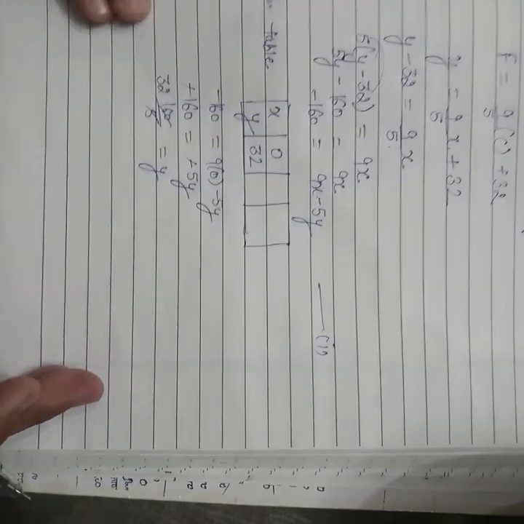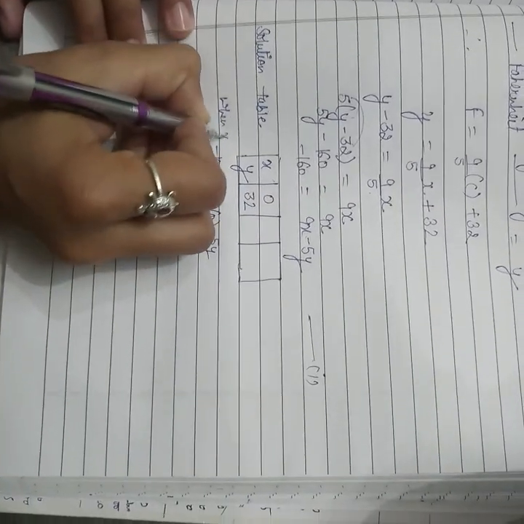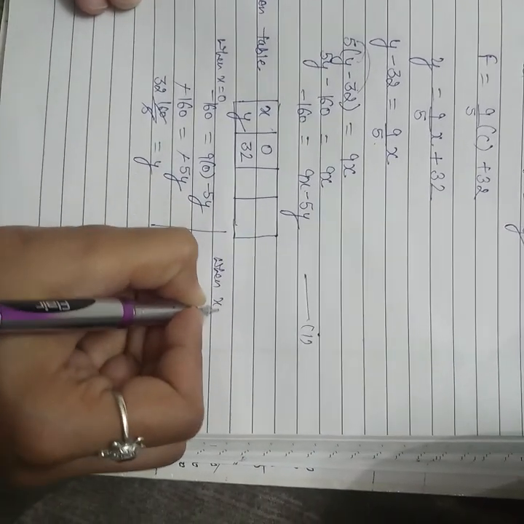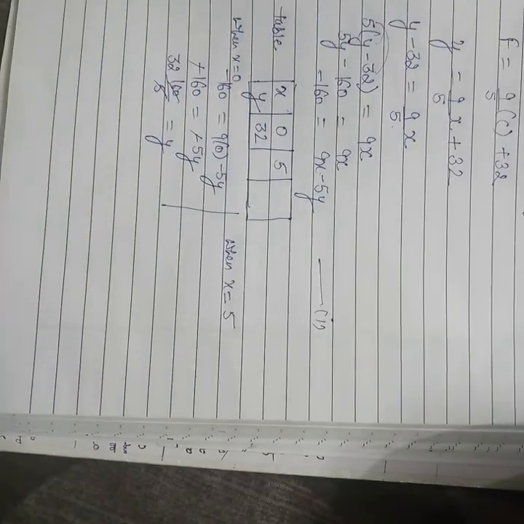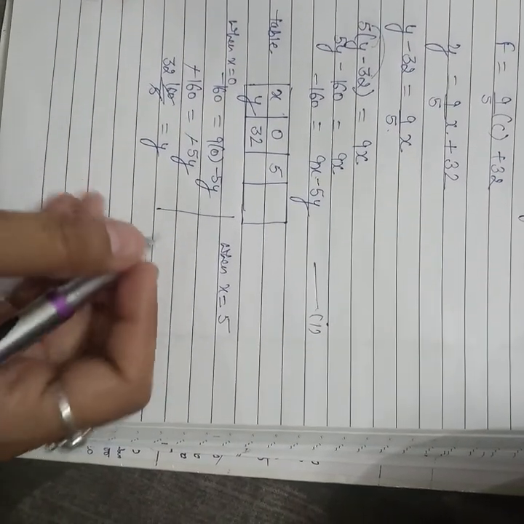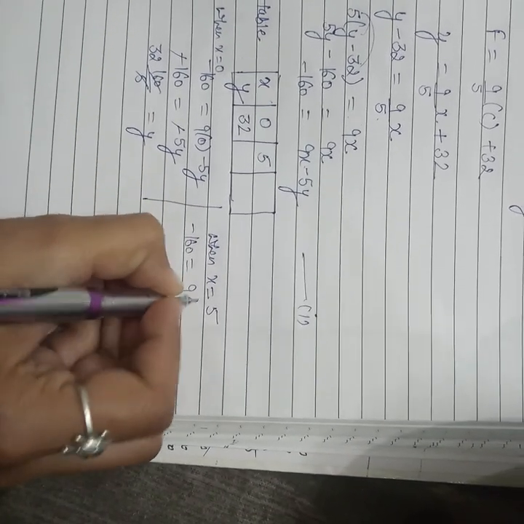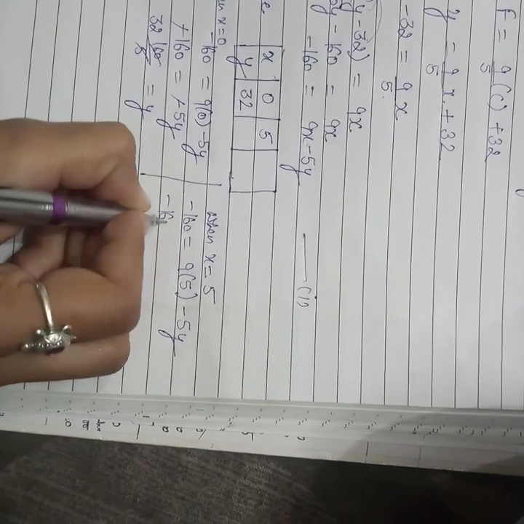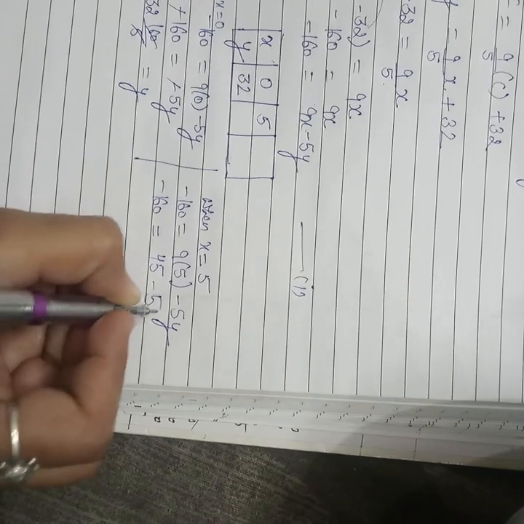Again we use another value of x. Now we use a different value of x, that is when x equals 5. You can put any value, 2, 3, 4, 5, any value. When x is 5 we get 9 into 5 minus 5y equals minus 160, which is 9 5s are 45 minus 5y.